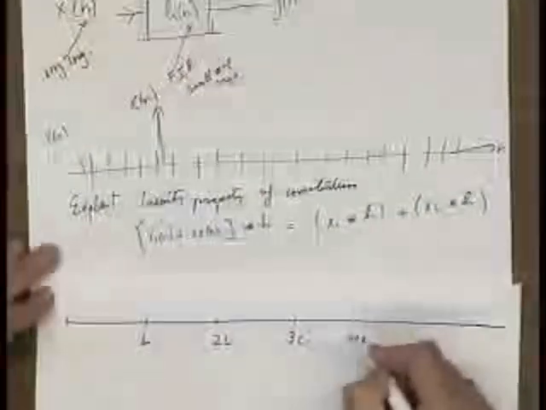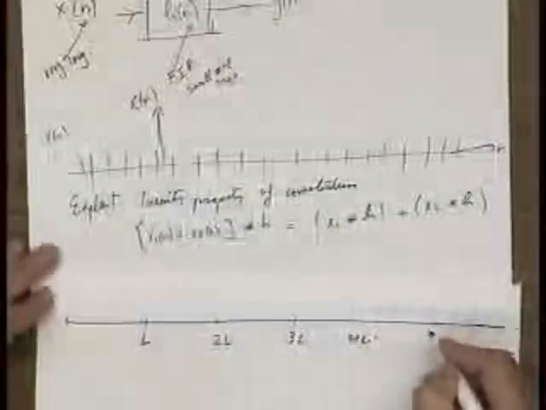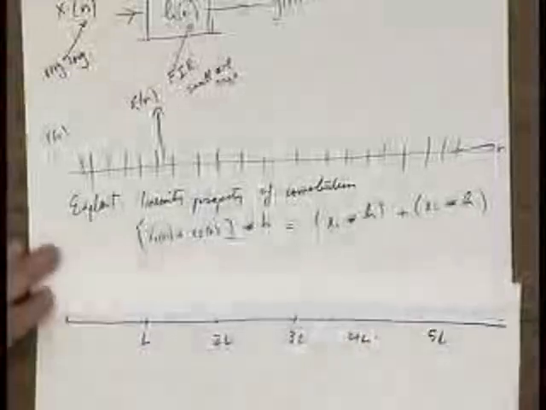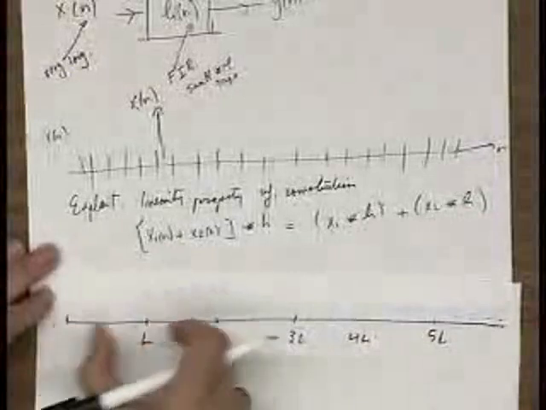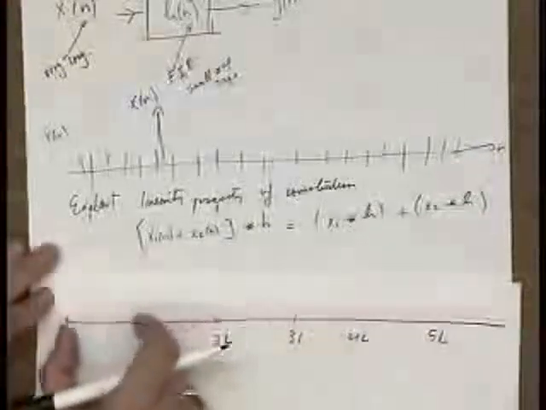One way of doing it is to say, okay, I have this very long sequence. I'm going to chop it into segments of L points. L, 2L, 3L, 4L, 5L, etc. And I'm going to process each segment, I mean convolve.